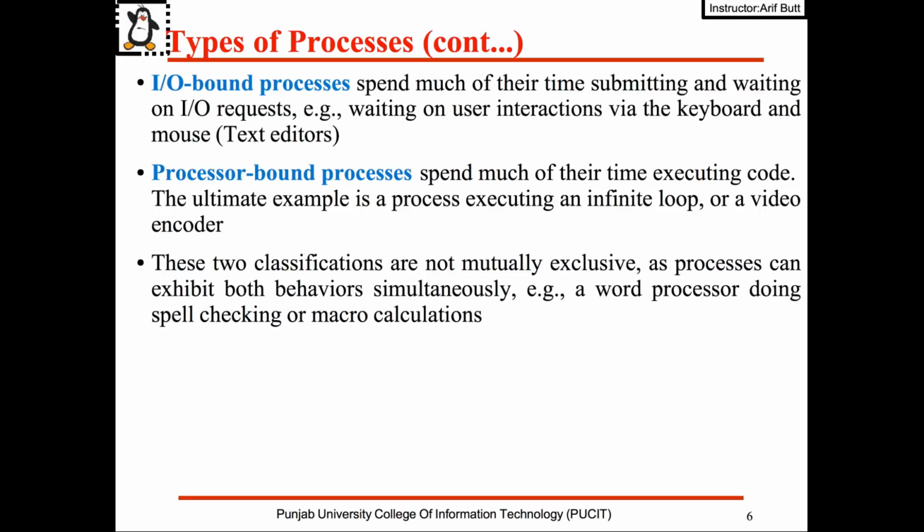These two classifications are not mutually exclusive, as processes can exhibit both behaviors simultaneously. For example, a word processor doing spell checking or macro calculation is an example of an IO bound process using the CPU to a great extent.